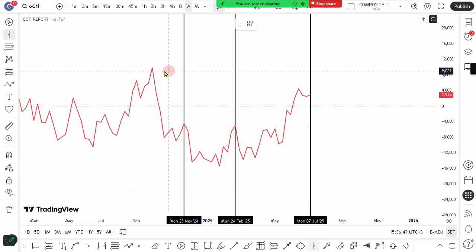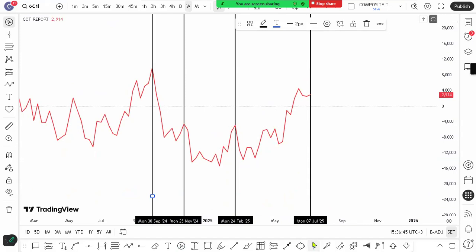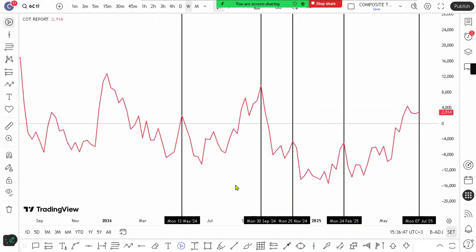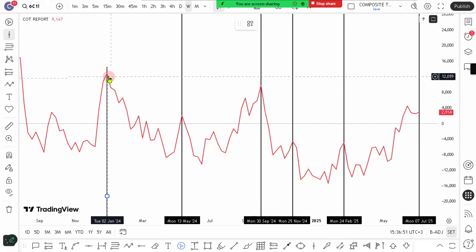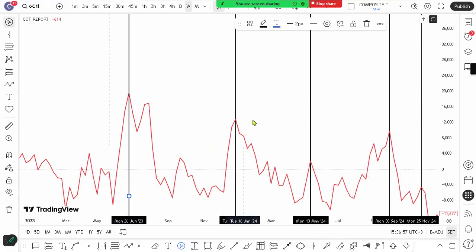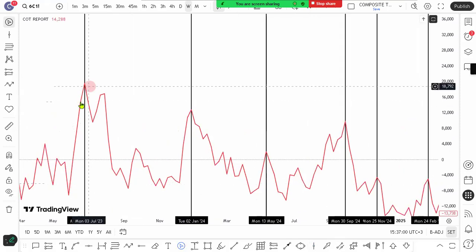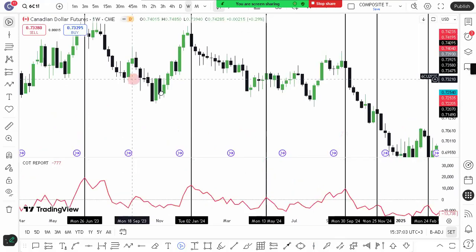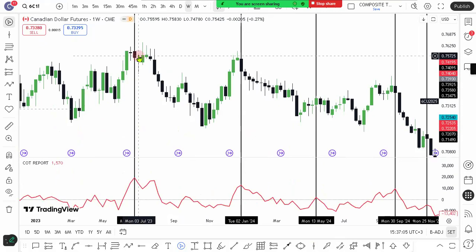I'm just plotting this line here so that you understand what these guys are doing. If these are retailers' positions, contracts, the more bullish they get, the more the market will do the opposite. And if you bring the candles, you're going to see every time retailers buy, the market will sell.